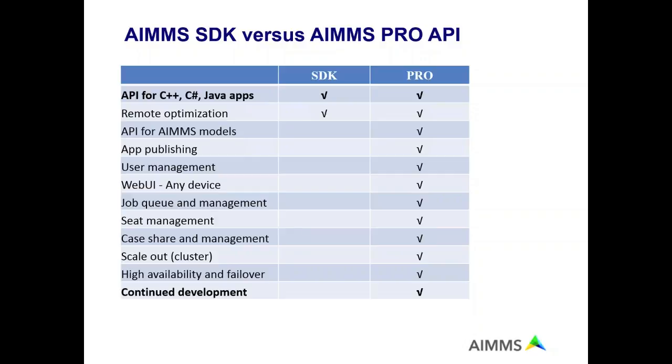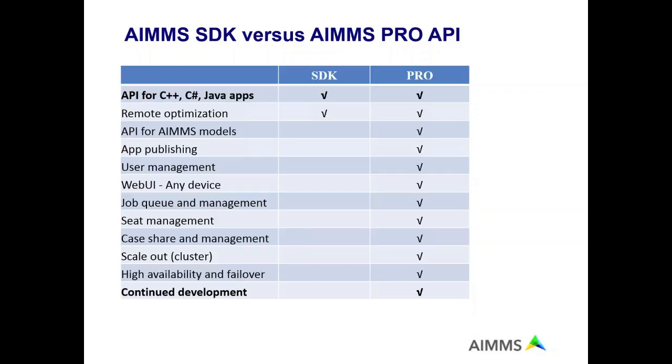If you do have multiple runs in an embedded application, AIMMS Pro takes care of job queuing and management of the jobs. When you fire up multiple jobs, and each of these jobs wants to do a solve, AIMMS takes care via its licensing mechanism that not all jobs are run at the same time. The same holds for seats.